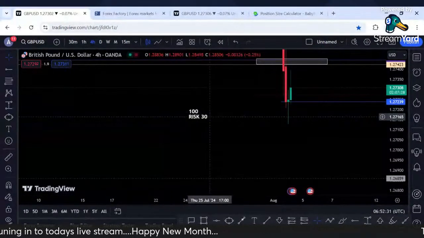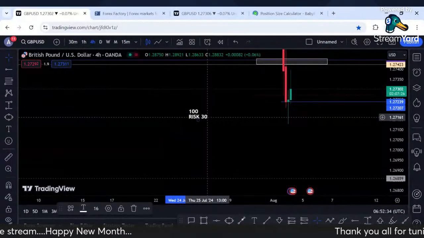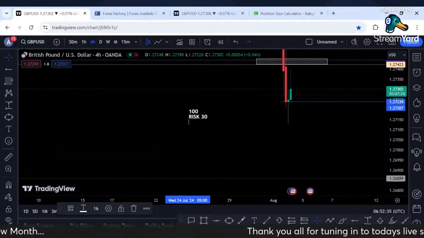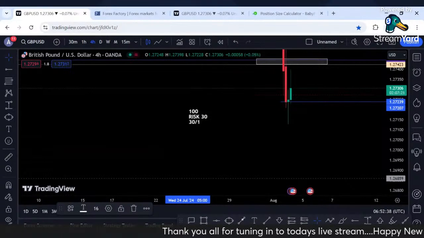So on the $30, if you are risking $30, you divide $30 by 100.